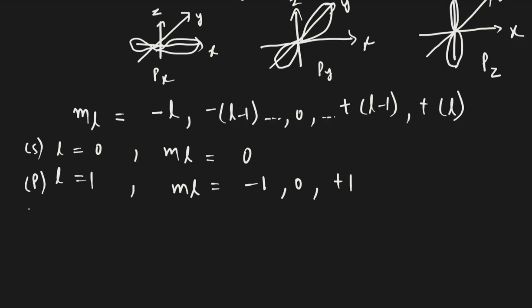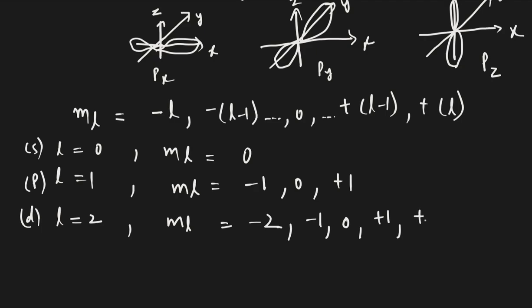Similarly, for d, we have l equal to 2, so ml would be minus 2, minus 1, 0, plus 1, plus 2. In the case of s, the ml has only one subdivision, represented by only this. This is the s orbital.